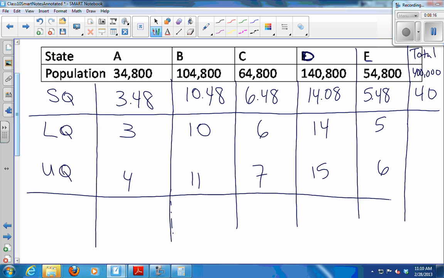Now what I need is the geometric mean of the lower quota and the upper quota, because this is my cutoff for rounding.